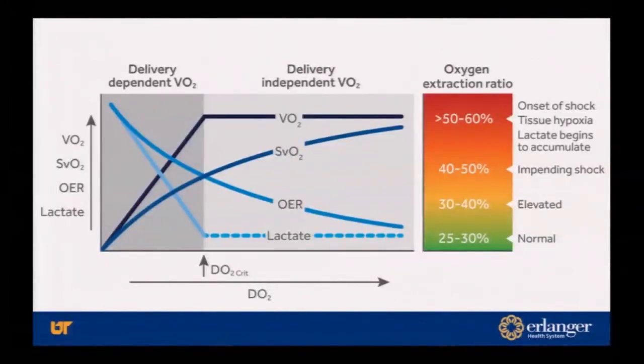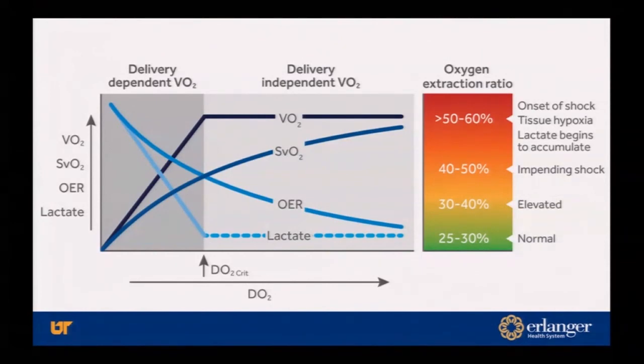So this is the big picture. This is the take-home from all of circulation. As your oxygen delivery, if we start on the right, at the top, the black line that says VO2, as the oxygen delivery begins to drop, what the body will do is extract more oxygen.